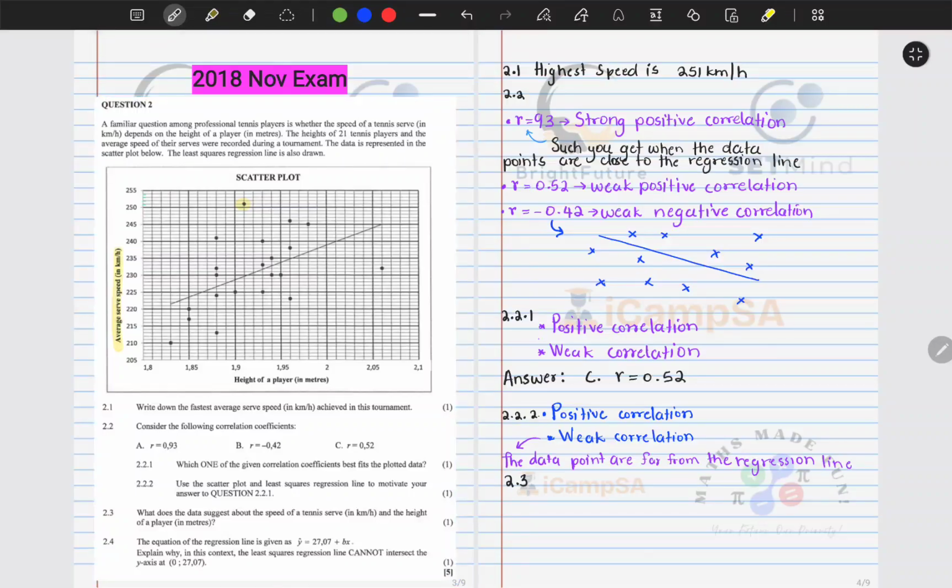So what we can say is there is no conclusive evidence that the height of a player will influence their serve speed.